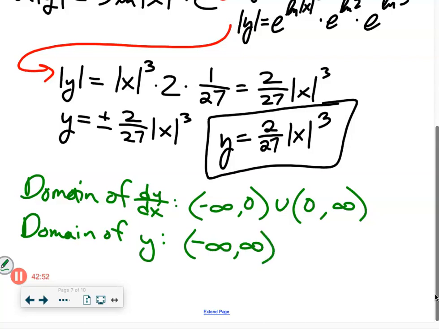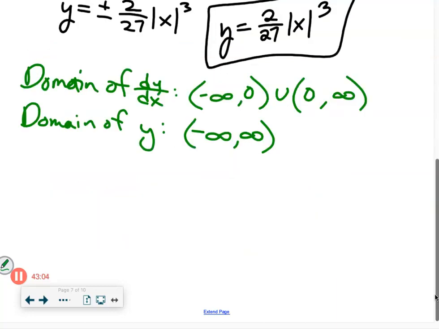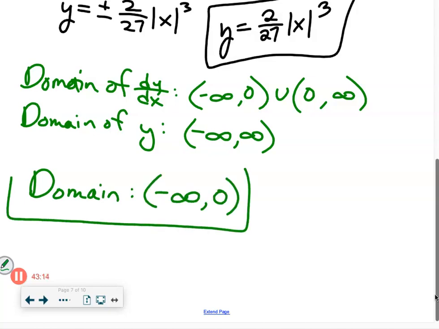So the intersection of the two domains is all reals except 0. So I have to pick the one that passes through the point -3, 2. Which one contains the point -3, 2? Negative infinity to 0. So our domain, because remember you're only looking at the x value, would be negative infinity to 0.